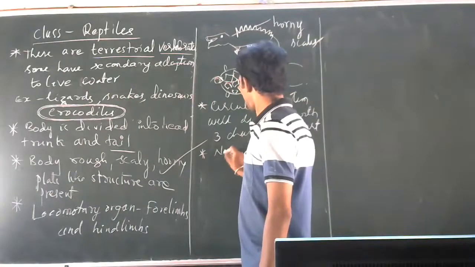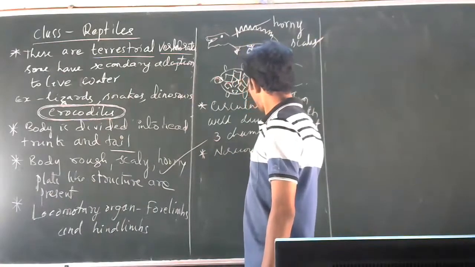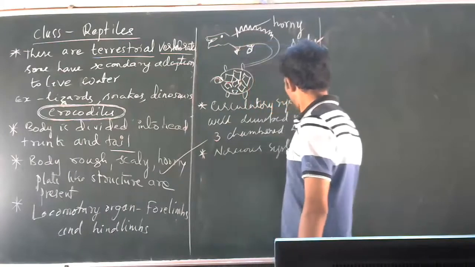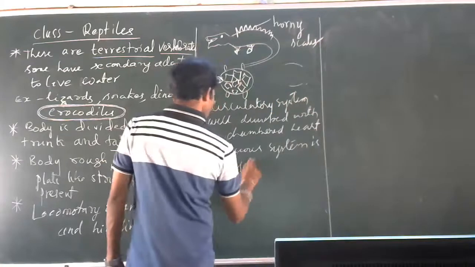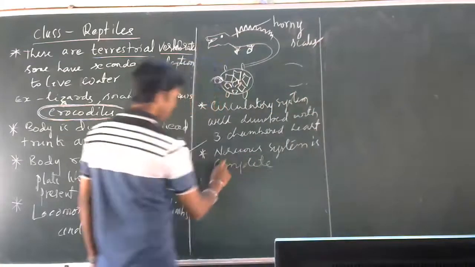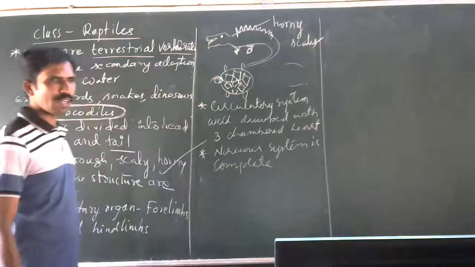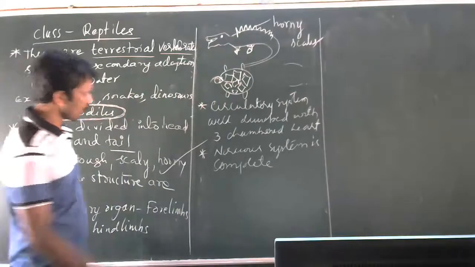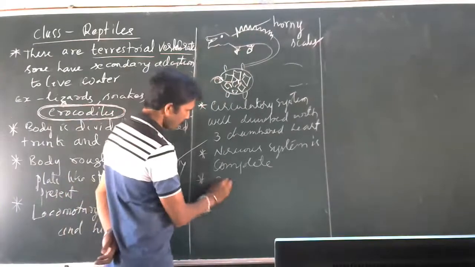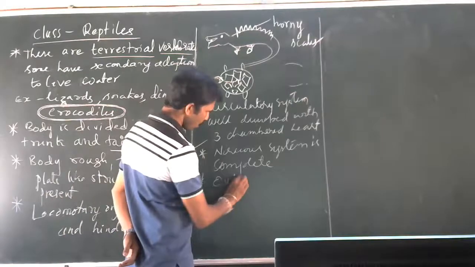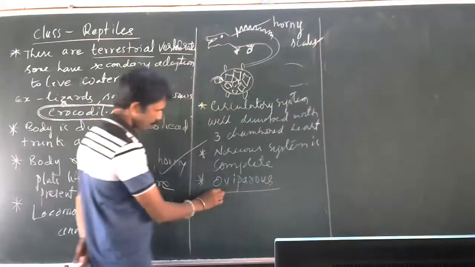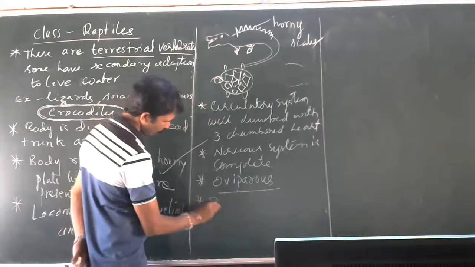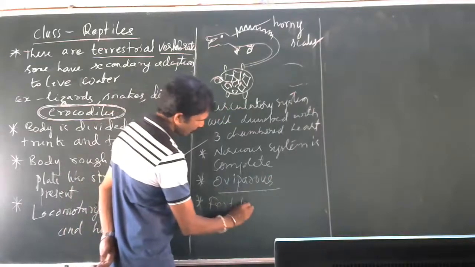The nervous system is complete, with the brain, spinal cord, and 10 pairs of cranial nerves. Then these are also oviparous; they lay eggs.